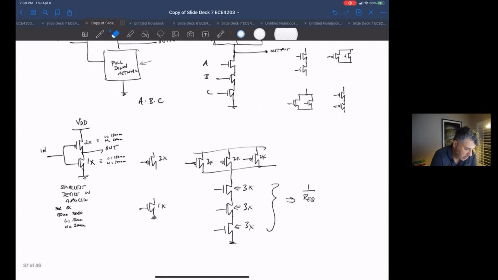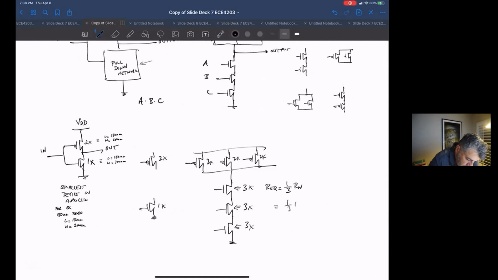So each one of these R equivalent is 1/3 R sub n. This is 1/3 R sub n, and this is 1/3 R sub n. So in total, when this device is on, all these guys add up to each other, which is equal to R sub n. And so there's only one way to do it.